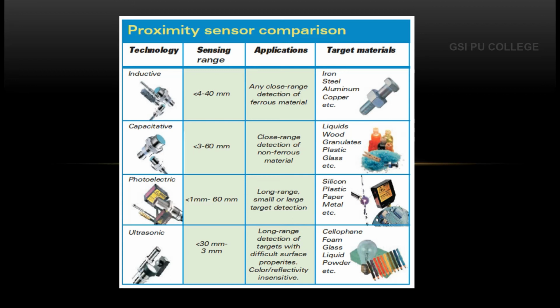Sometimes these proximity sensors are also known as non-contact sensors because they don't require any physical contact with the object being sensed. Even our mobile phones have proximity sensors. Our smartphone screen and touch screen are turned off to save battery life and prevent unintentional operations.